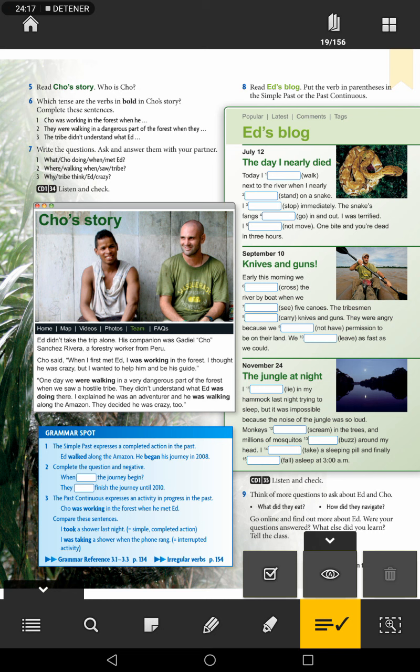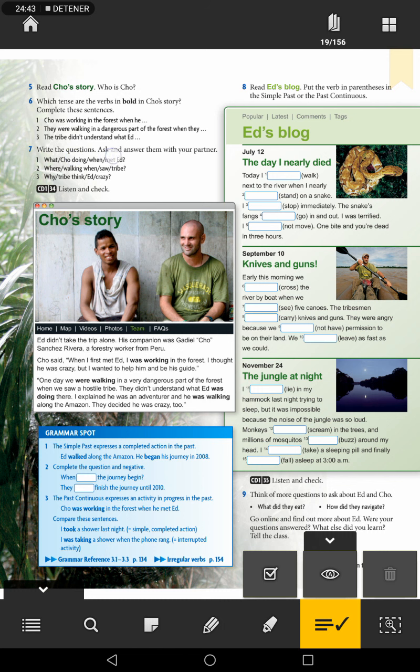Tenemos 3 oraciones. The first one says, Cho was working in the forest when, él estaba trabajando en el bosque cuando algo lo interrumpió, porque estamos hablando del pasado continuo y va a ser interrumpido por el presente simple. They were working in a dangerous part of the forest when they, so here we have another action that is going to be interrupted by another action.